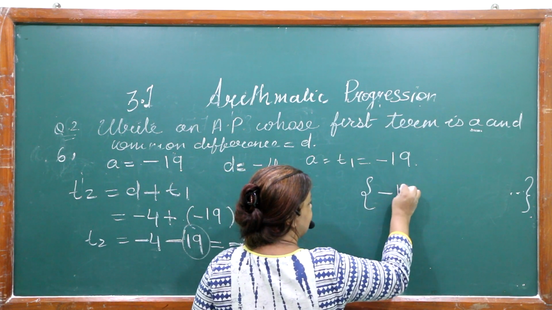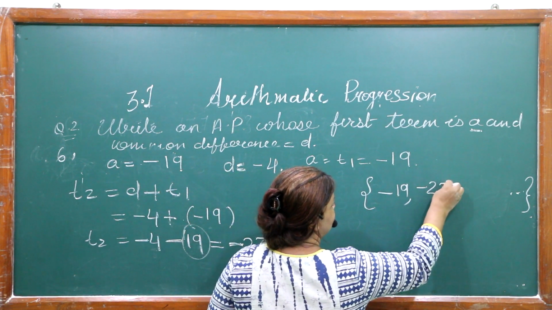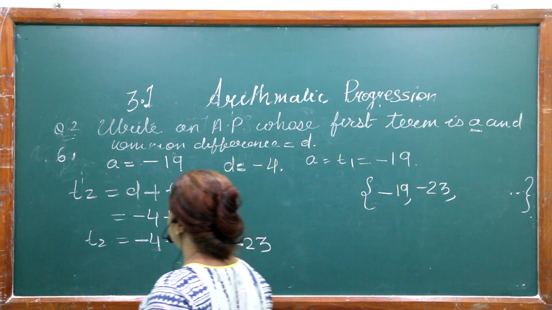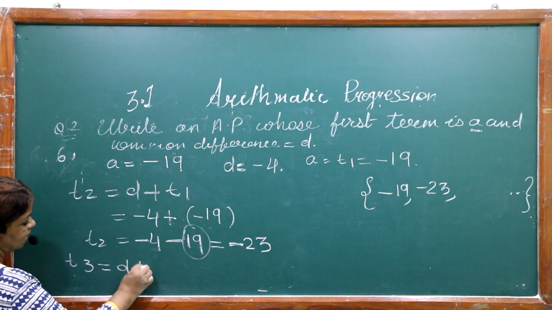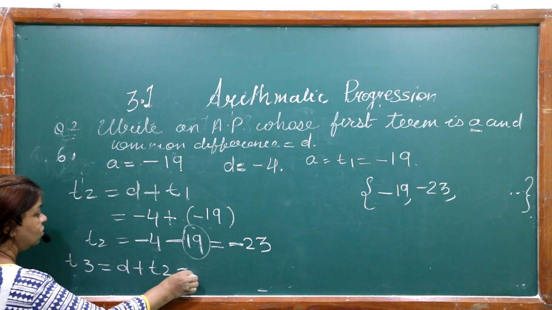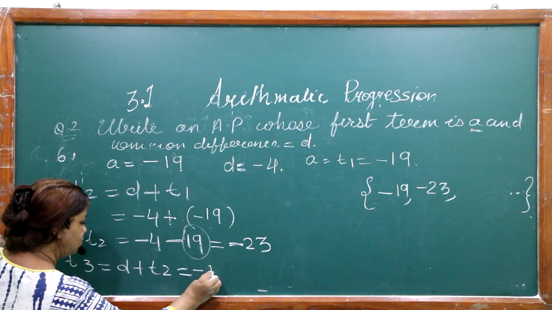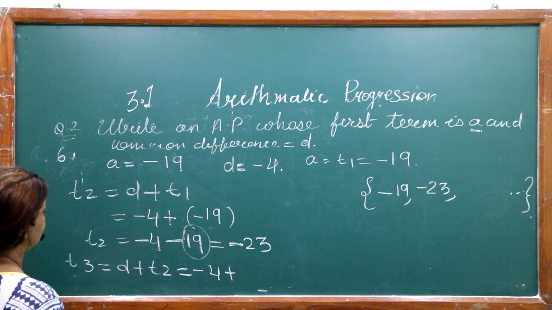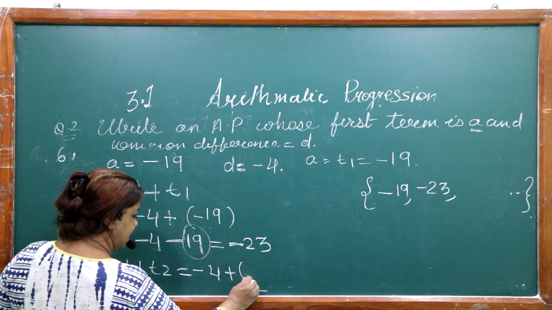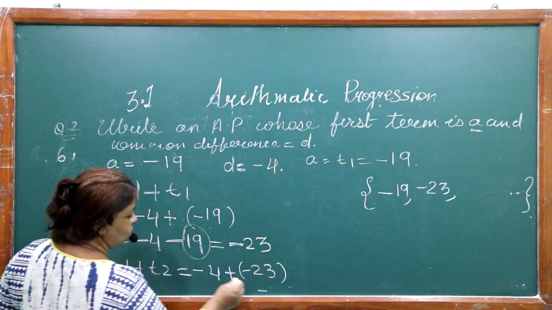Term 1 is minus 19. Term 2 is minus 23. For term 3, D plus T2. What is D? Minus 4 plus term 2, which is minus 23. Open the bracket.